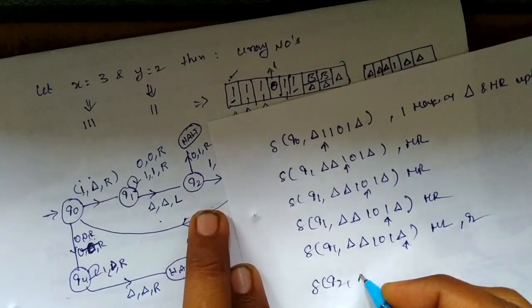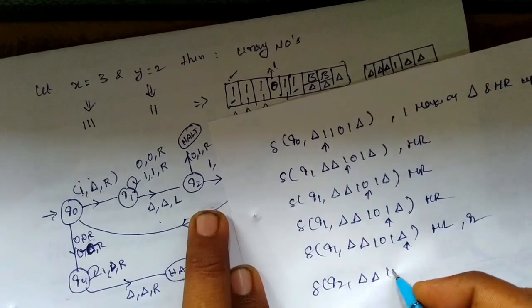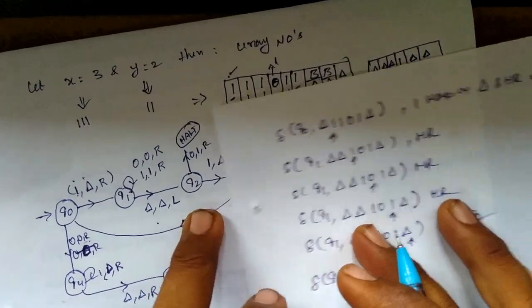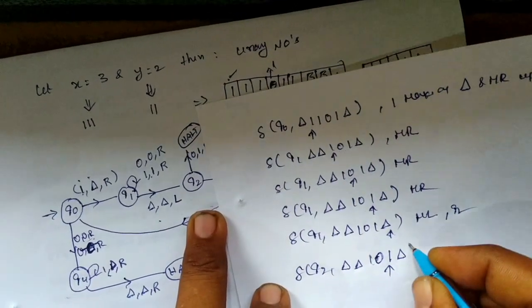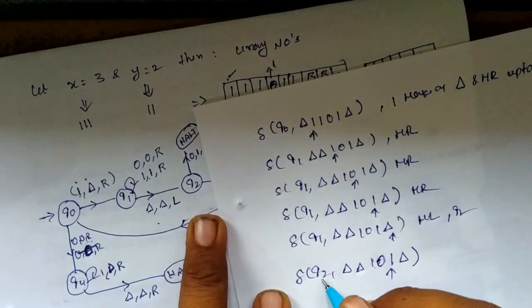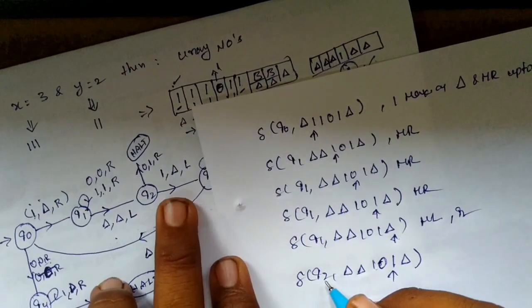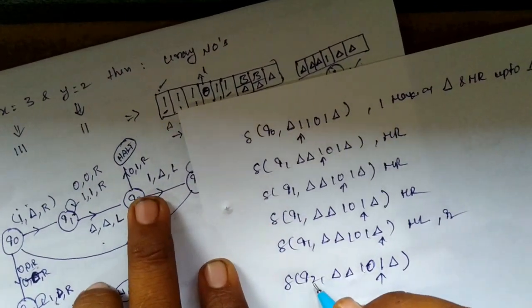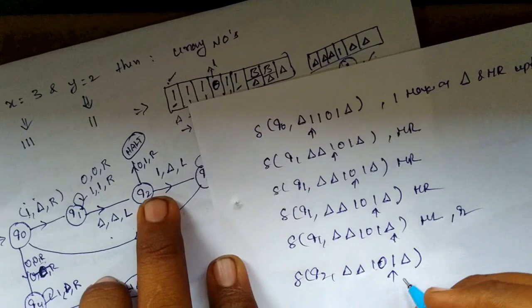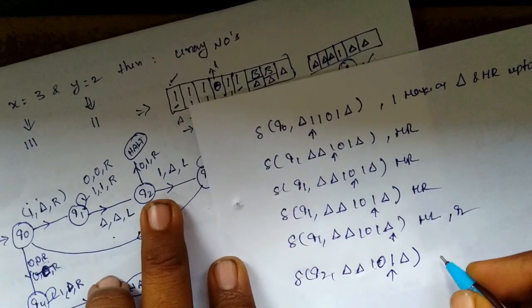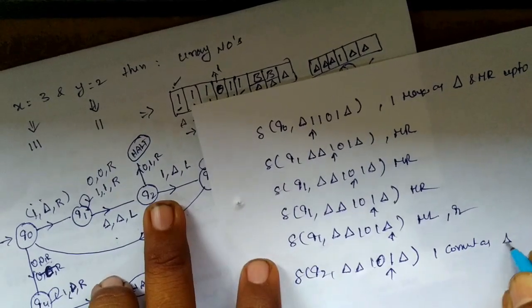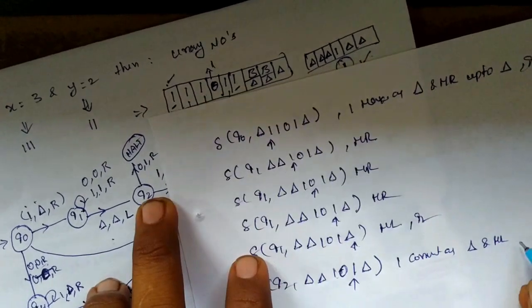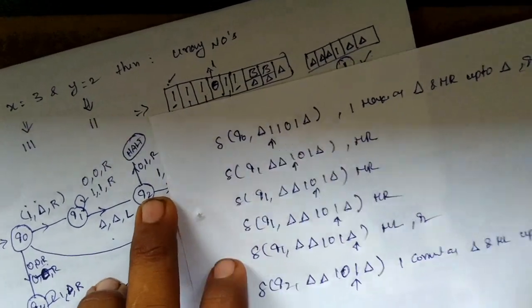So Q2, del 101 del. Now the current state is Q2, the input is 1, so this one can be converted as del and move left. Convert as del and move left up to del.